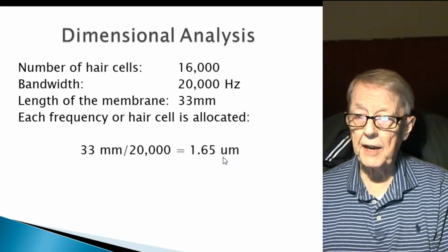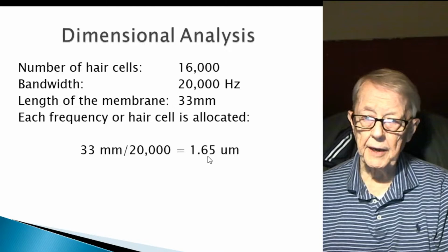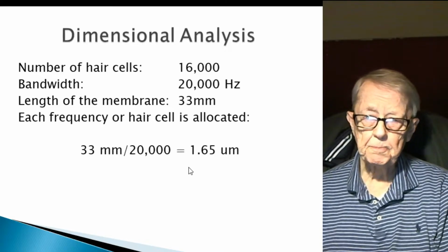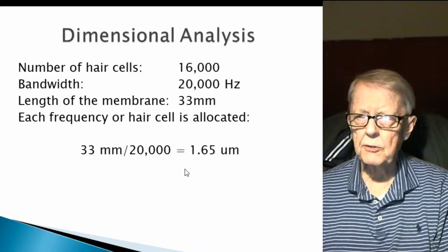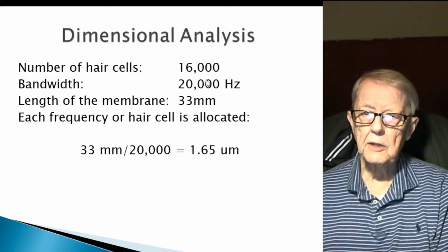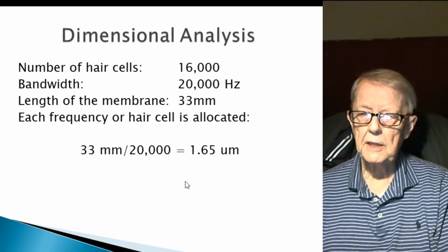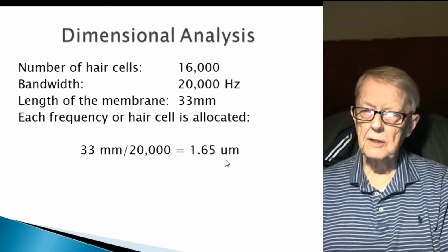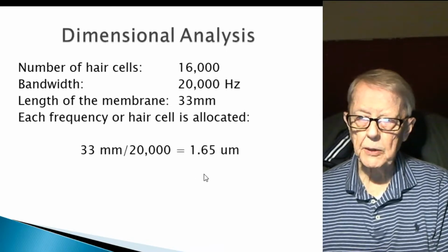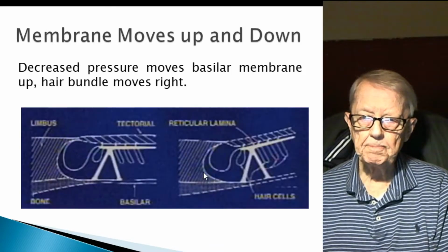So this is more of an average of 1.5 micrometer per 1 hertz. It's just an interesting perspective about how many hair cells, what the bandwidth is, and what the physical allocation might be of each frequency in that cochlea.